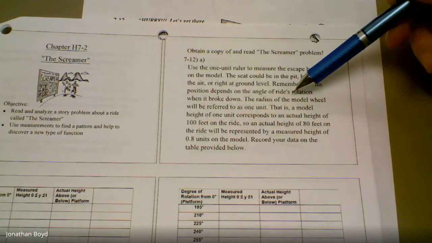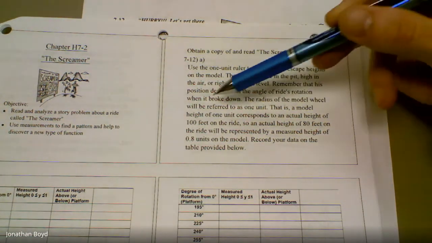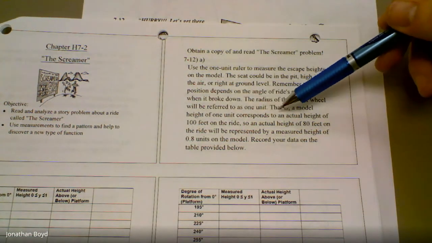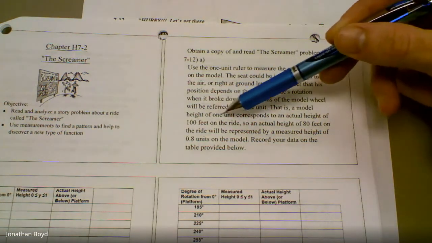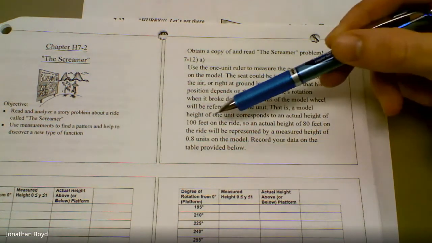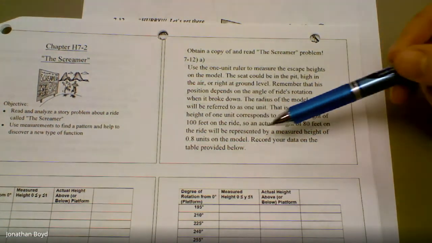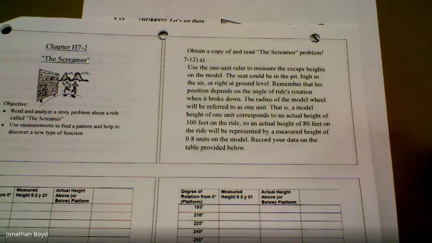The radius of the model wheel will be referred to as 1 unit. That is, a model height of 1 unit corresponds to the actual height of 100 feet on the ride. So an actual height of 80 feet on the ride will be represented by a measured height of 0.8 units on the model. Record your data on the table provided below.